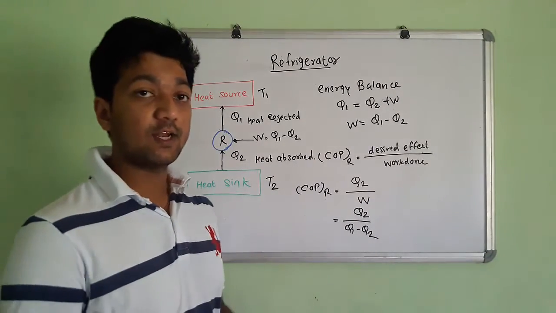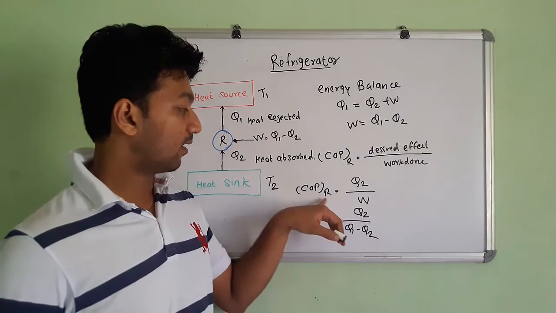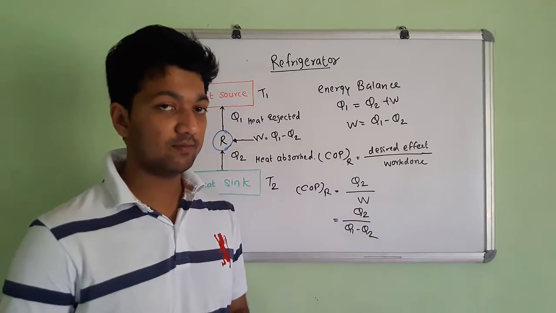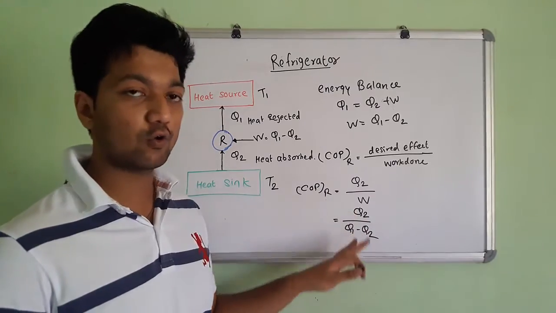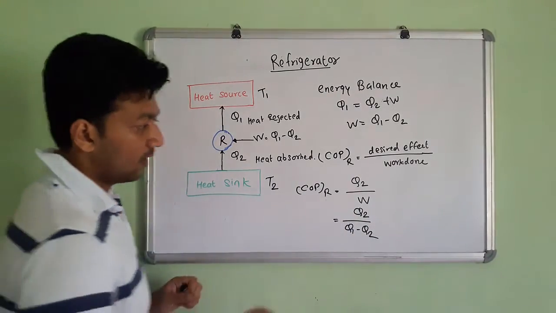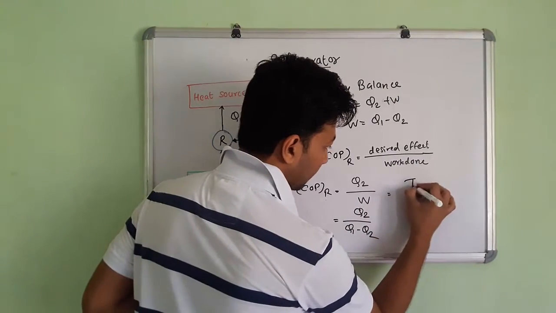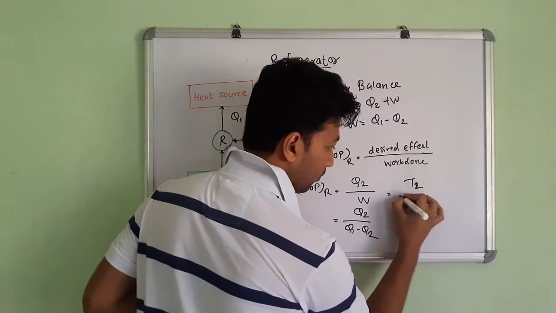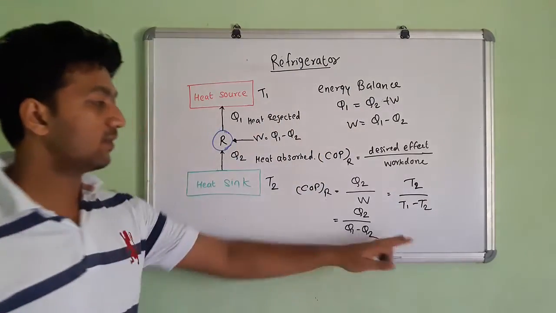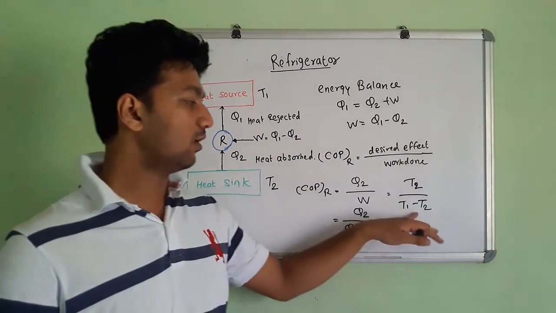Compared to the heat pump, in place of Q2 we have Q1, and all terms remain the same, meaning the only difference is Q1 or Q2 in the heat pump and the refrigerator. Now in terms of temperature we find T2 upon T1 minus T2. These are the COP for the refrigerator.